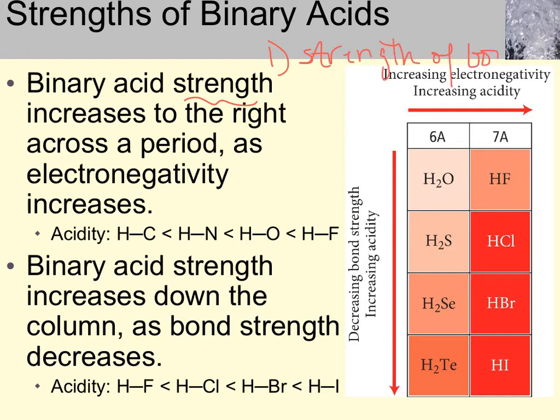So obviously the stronger that bond, the less acidic. You think about that. If that bond between hydrogen and the electronegative atom it's attached to is strong, it's not going to want to break and let go of the hydrogen ion. Okay? So the strength of the bond is important, and the stability of the resultant anion.